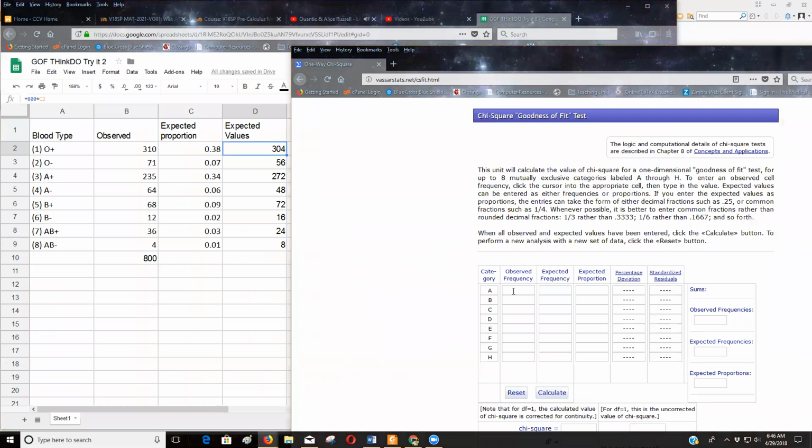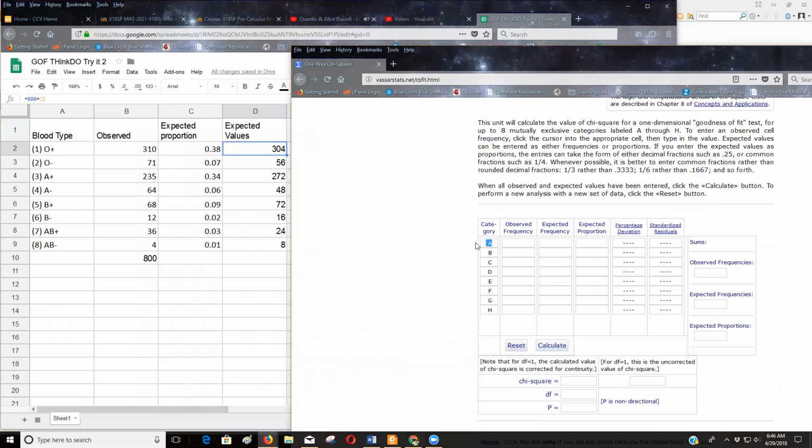I've got an observed frequency, and did they let me change the value? I don't know. Oh, they do. Well, let's do that. You don't have to change the values to get the chi-square test statistic, but since I'm here, let's do this.